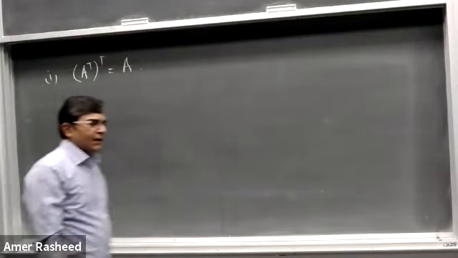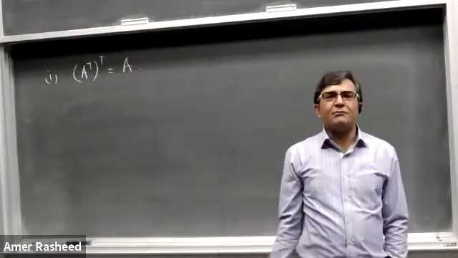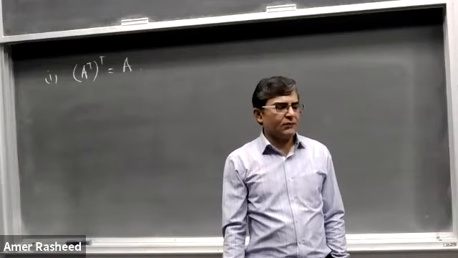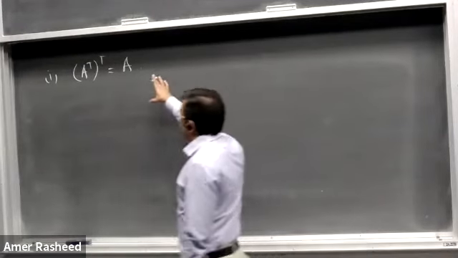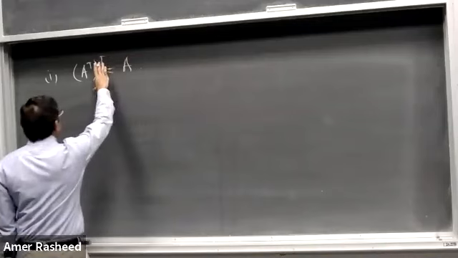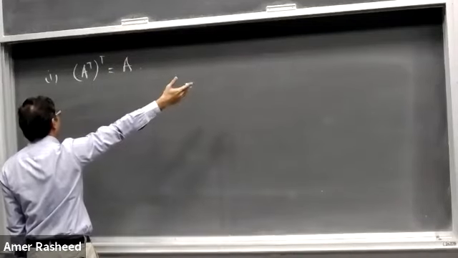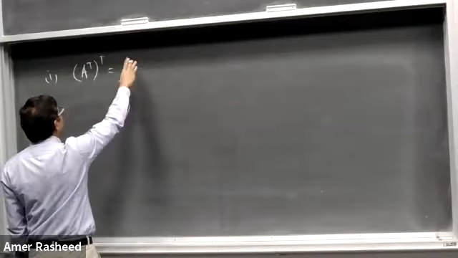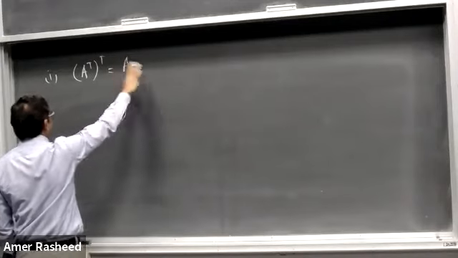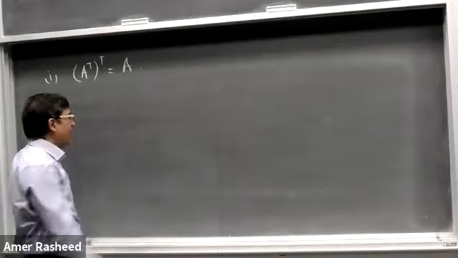Now here, the condition of a square matrix is not required. A may be a rectangular matrix as well. In the transpose of a matrix, A is any matrix.